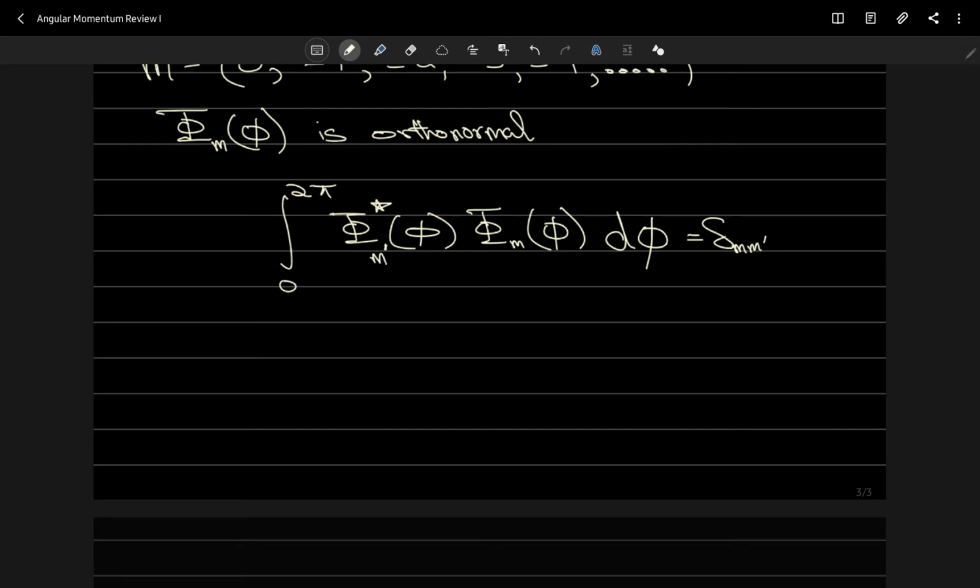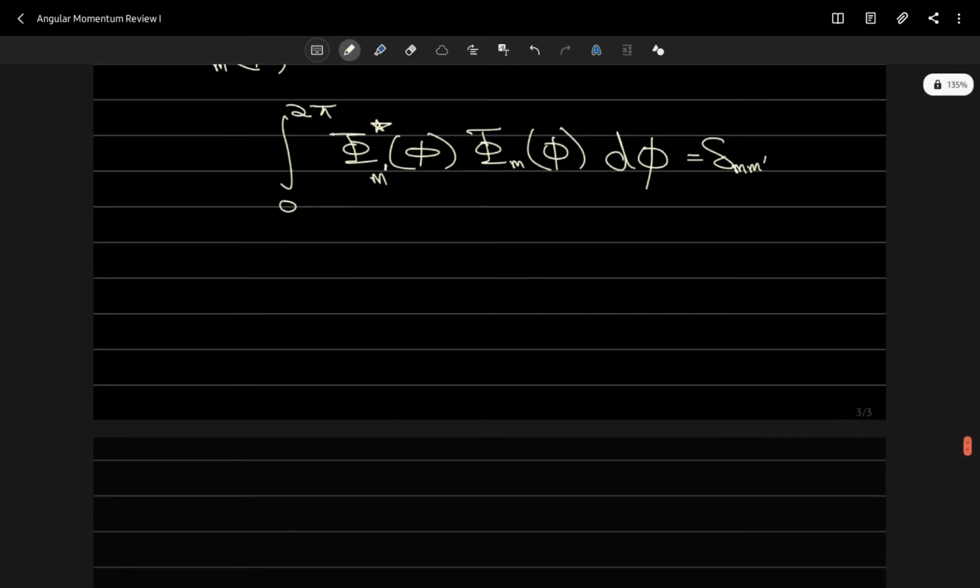What that means is, if m and m prime are the same, it would give you 1, and if they are different, it would vanish. It would give you nothing. In the bracket notation, that is simply the inner product, which is delta m m prime.